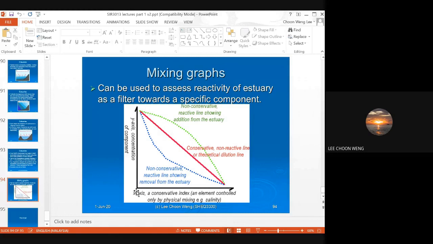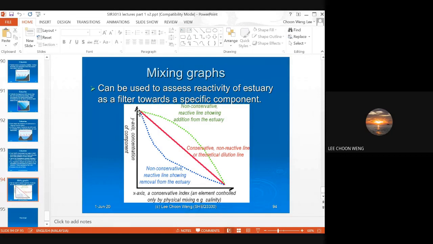From 0 to 30, it is a very good indicator of freshwater to seawater. So salinity is usually used for the x-axis variable. The y-axis is the component that you are studying.